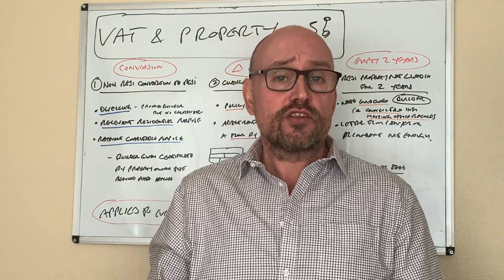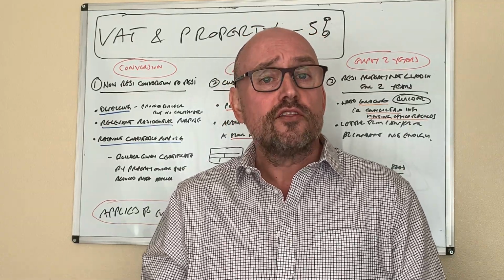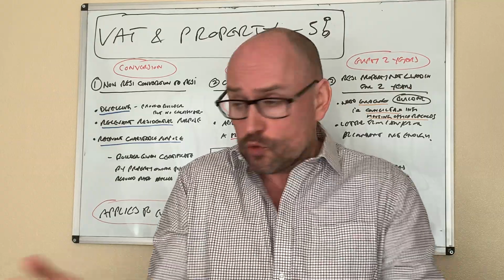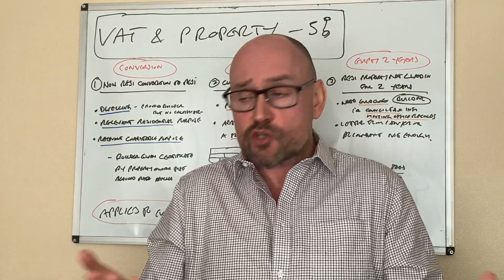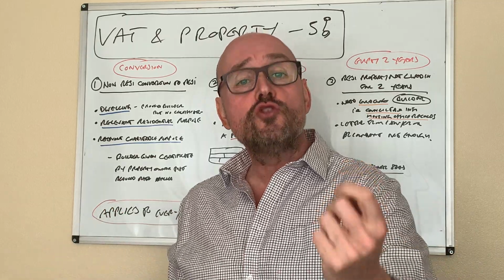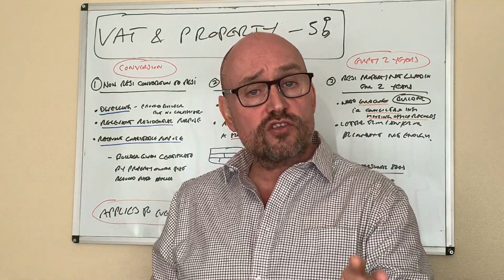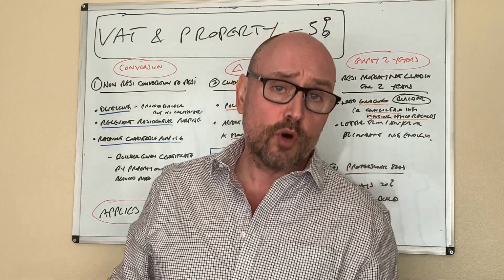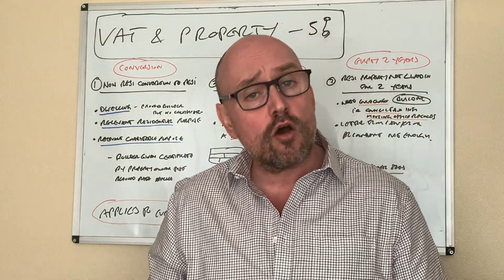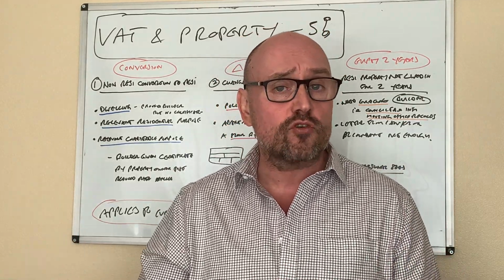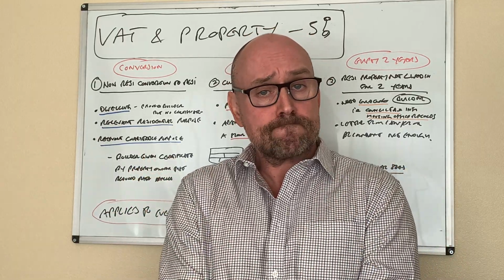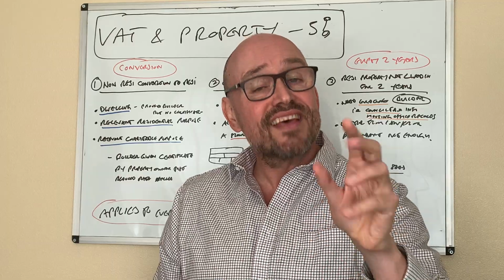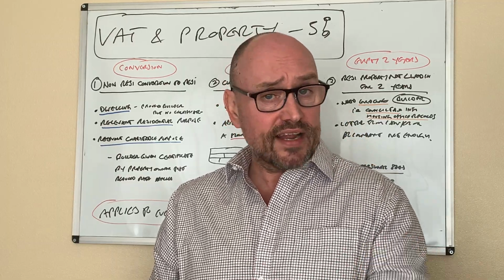Now, you can say, well, the proof is that you're working on it as a builder. You can see that it's a conversion. So you'd hope that you'd know that conversions apply for 5%. But a lot of builders may not know that, and they may get confused with the VAT rules, and they may think 20% applies. So then the builder would go to their accountant and get them to confirm that.